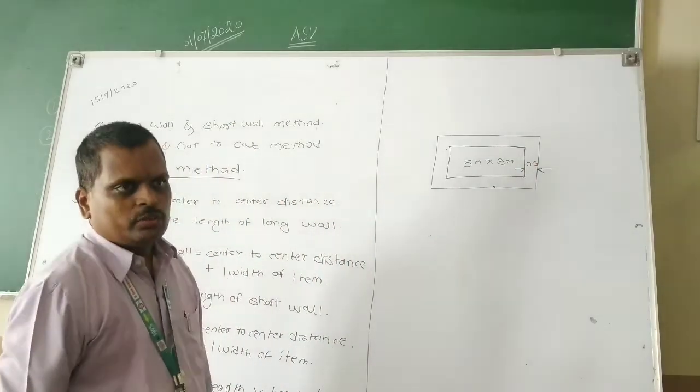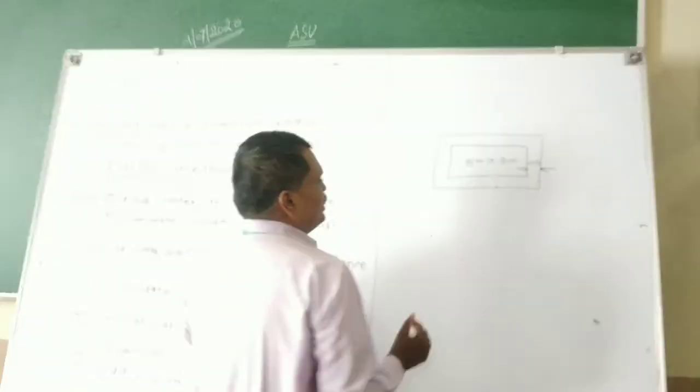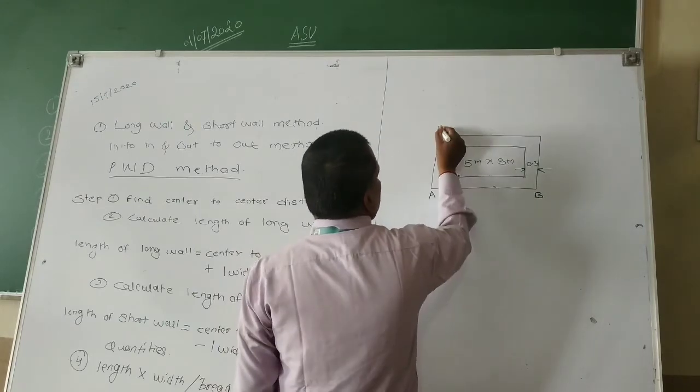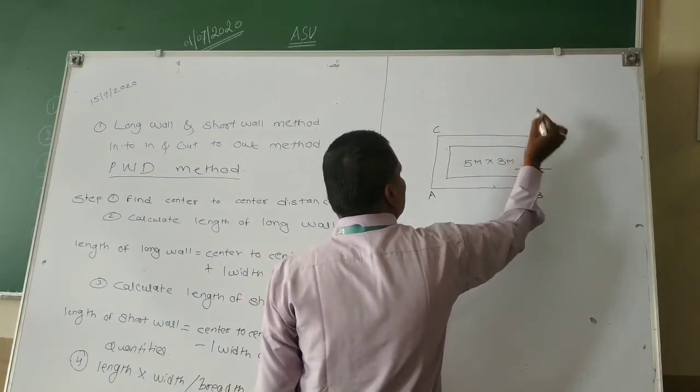First of all, we are going to give names to the corners as A, B, C and D.